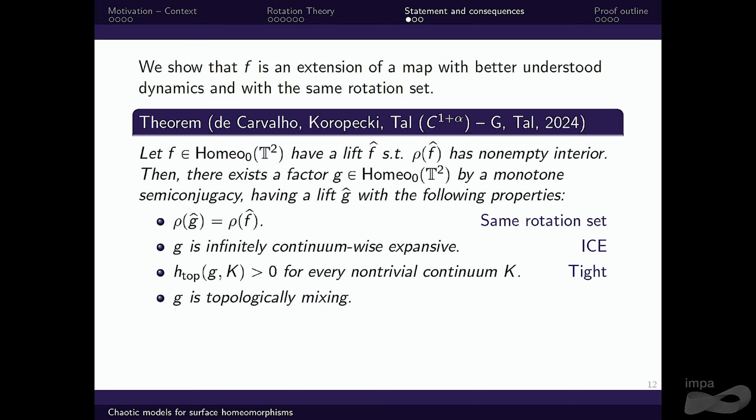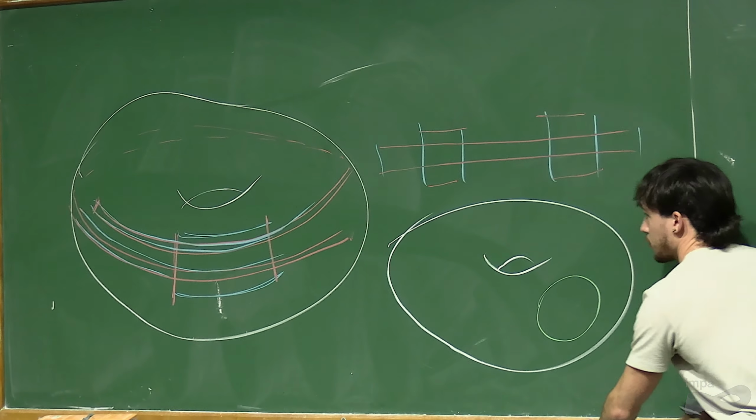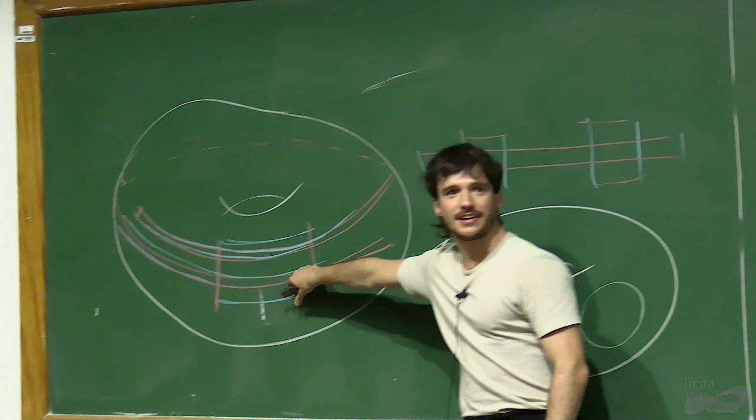Mixing, topologically mixing. Then set of horseshoes. Nice. What does this mean? Then set of rotational horseshoes, actually. I'm sorry. So you take your favorite open set in the torus, small if you want, and inside here, you will have something like this, everywhere.